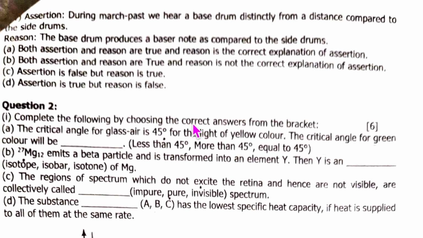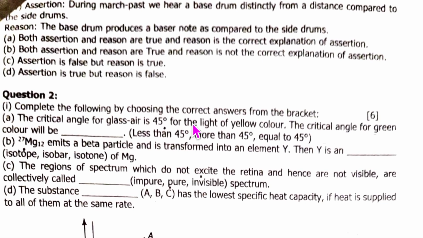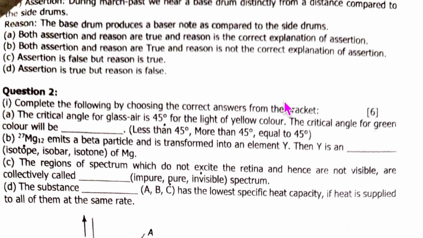Assertion. During the march past, we hear the bass drum distinctly from a distance compared to the side drum. Why? Because the bass drum will have a larger surface area, right? Yes, ma'am. It produces a bassier note compared to the side drum.